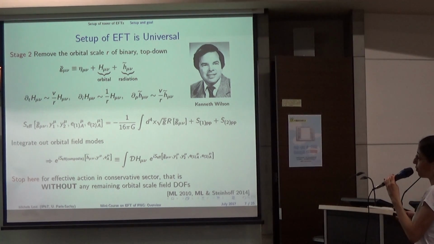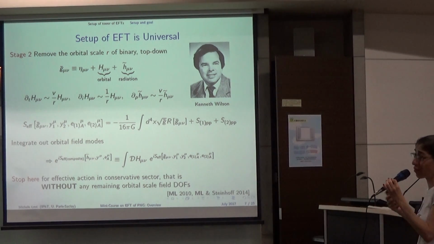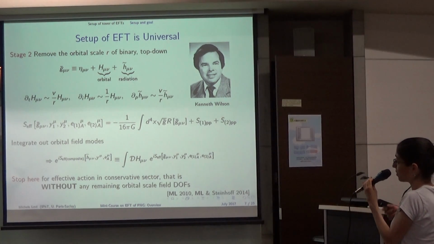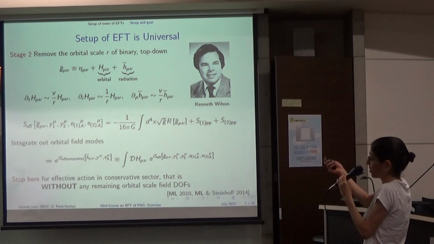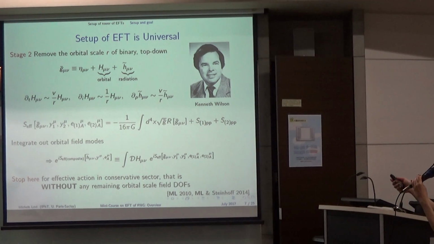The time derivative of the orbital modes goes like the frequency of rotation, whereas the momentum, the separation scale, is given by R. So we have here something which is different when we consider the radiation modes. These are the modes that represent the actual gravitons that propagate to infinity, the on-shell gravitons that the asymptotic observer measures.